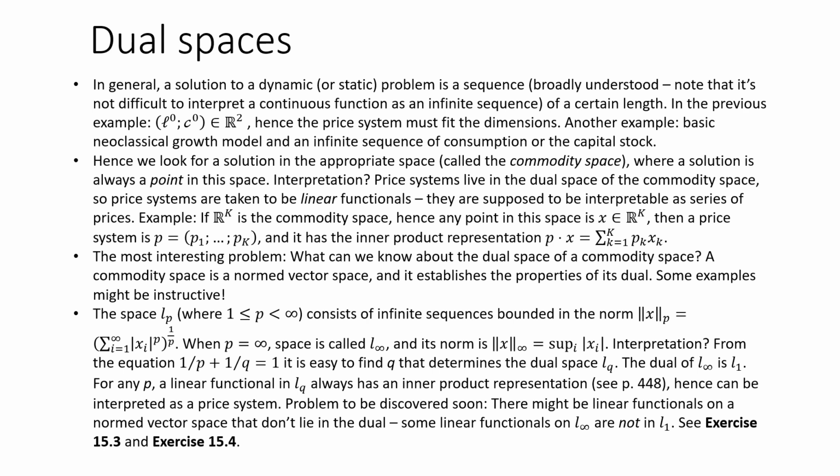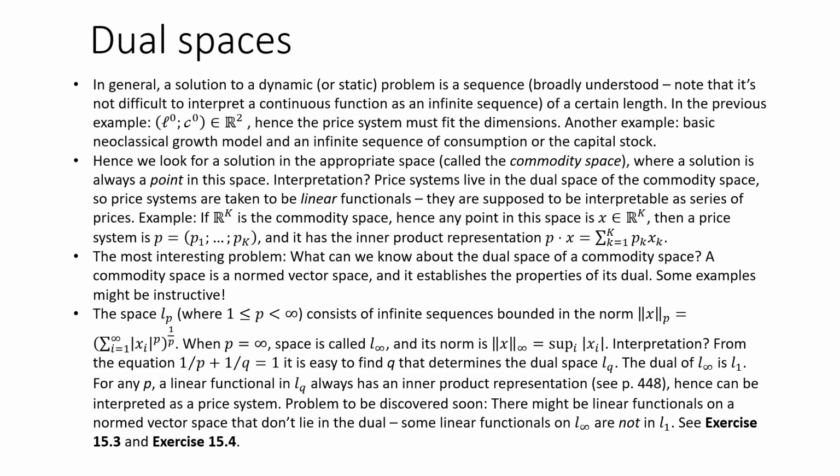And this is a normed vector space because there must be a norm on the basis of which we can measure the distance between points, by which we can measure convergence. So we need a norm. And the characteristics of this normed vector space establish the basic characteristics of the dual space, of the linear functionals which we want to interpret as price system.